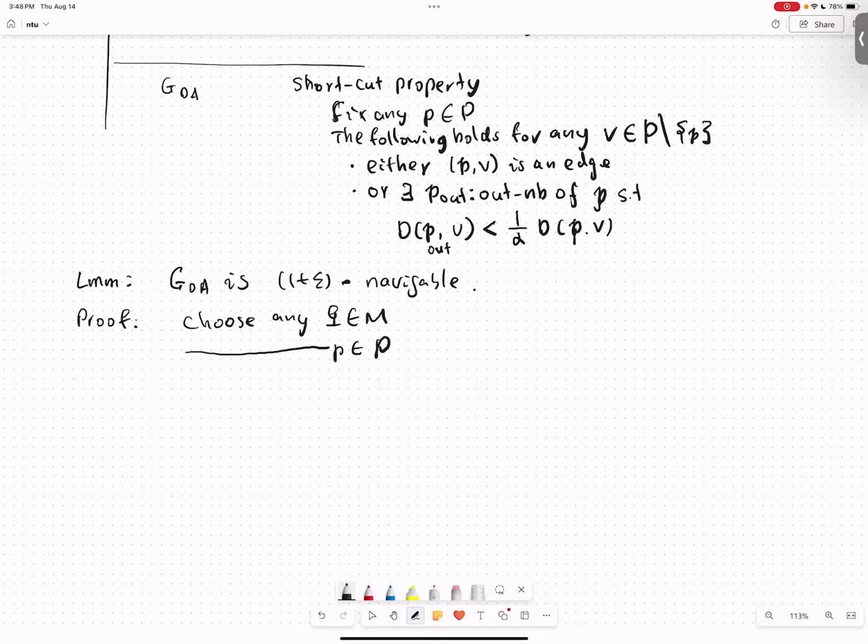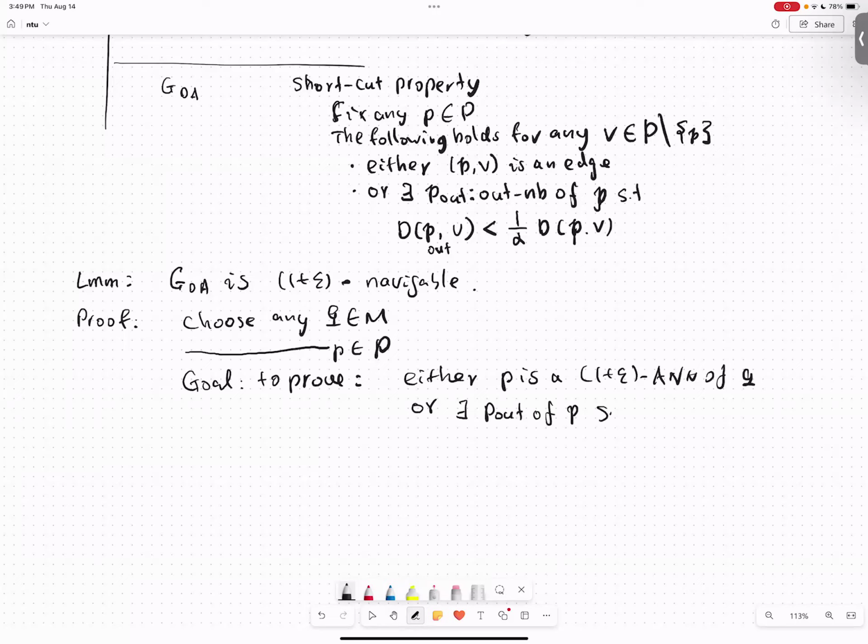Now let's recall the definition of 1 plus epsilon navigable. It says we have to prove the following: either P is a 1 plus epsilon ANN of Q, or there exists an out neighbor P out of P such that the distance between P out and Q strictly improves my distance.